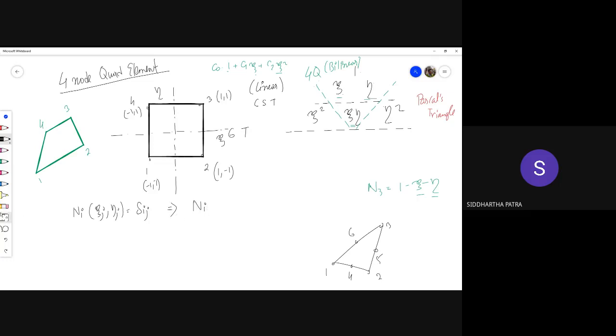That implies this equals 1 if i equals j and 0 otherwise. So we are already familiar with this, and this is also true.